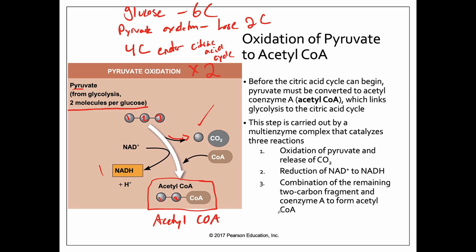So for a total of 2 acetyl-CoA and 2 NADH molecules. So we didn't make any ATP in this pyruvate oxidation yet. However, we have made 2 energy storing molecules here, which we're going to find out later are going to be able to take that energy and contribute it to making ATP. And then this acetyl-CoA is going to go ahead into the actual citric acid cycle.